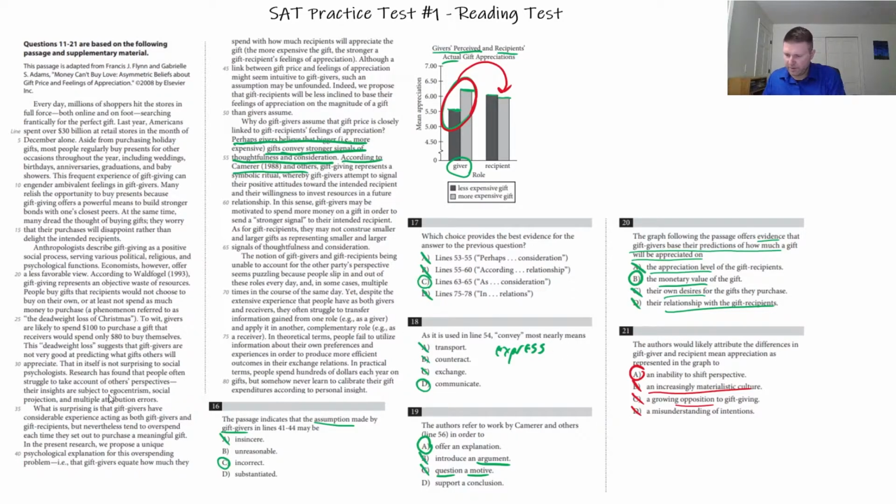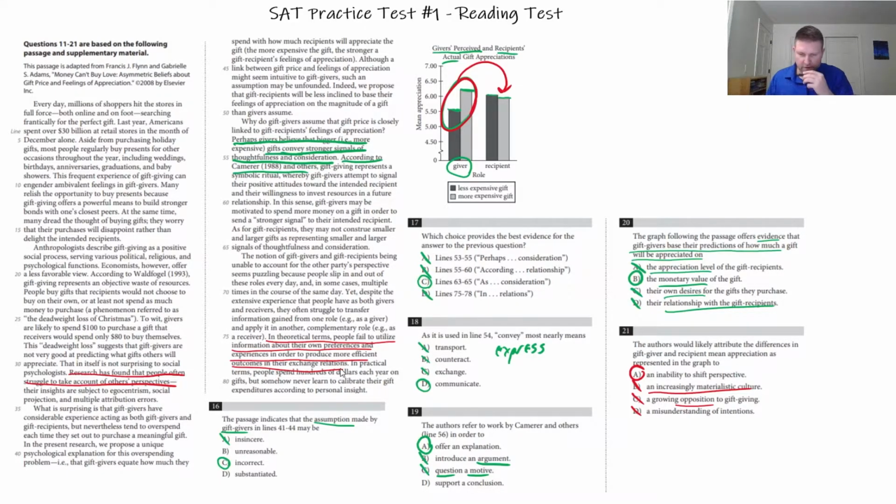So down here at the end of paragraph 1, it says, research has found that people often struggle to take account of others' perspectives, right? So people have trouble getting out of their own mind and into someone else's shoes, right? So that's what that's saying. And then there's another part in here, this right here.